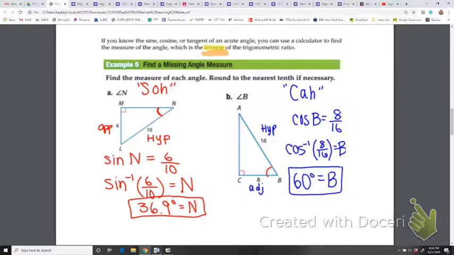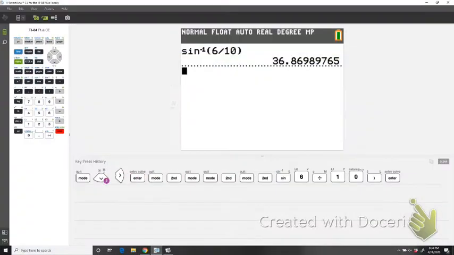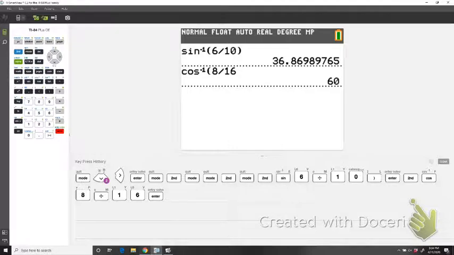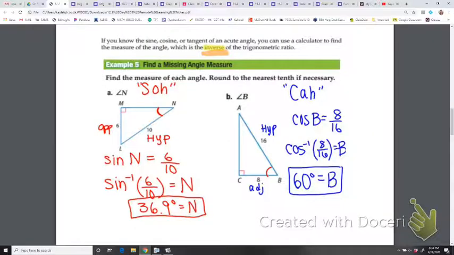But I'm going to use the inverse cosine this time. So I need second cosine. And then the fraction was 8/16 or 1/2. So 8/16. Press enter, you get 60. So 60 degrees is angle B.